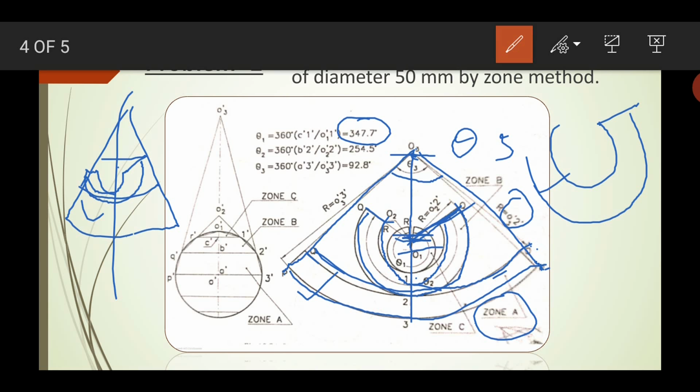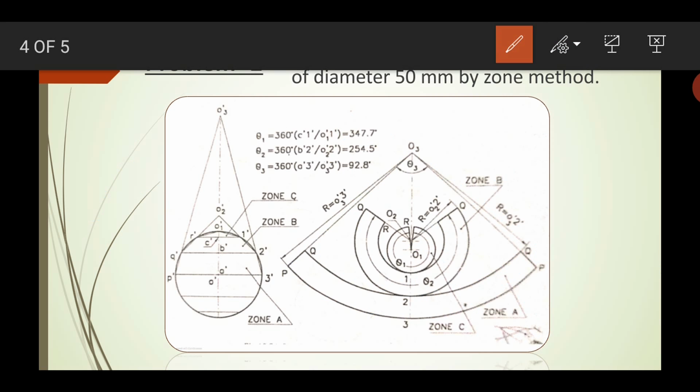And third will also be like this. So these three zones will be A, B and C.